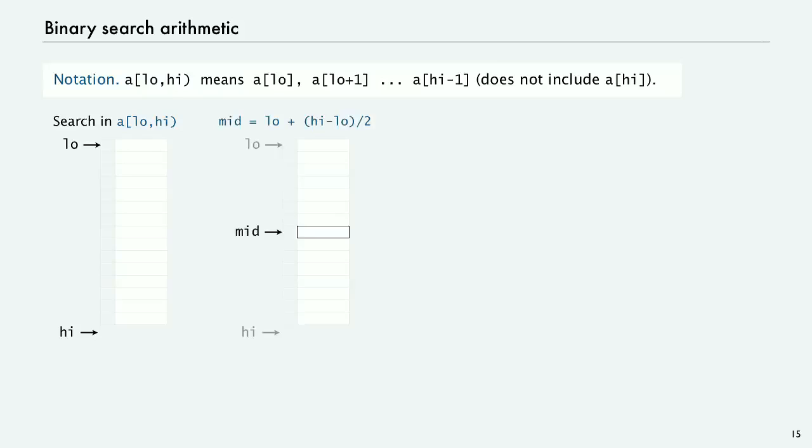Then if we want to look in the middle, the way we get the middle is subtract our two indices, divide by 2, and then add that to low. So the number of elements is high minus low, you divide that by 2, that's half the size of the array, and you add that to low, that's our middle. And then once we've compared our key against mid, we don't have to consider that one anymore.